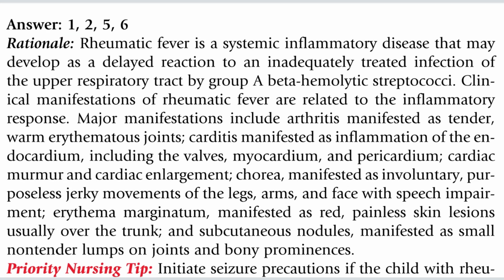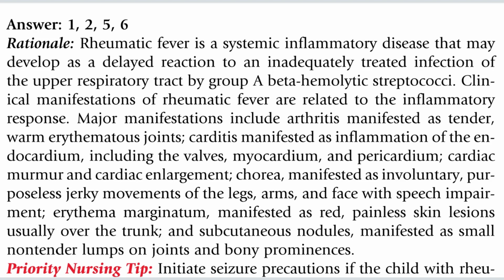Rationale: rheumatic fever is a systemic inflammatory disease that may develop as a delayed reaction to an inadequately treated infection of the upper respiratory tract by group A beta hemolytic streptococci. Clinical manifestations of rheumatic fever are related to the inflammatory response.